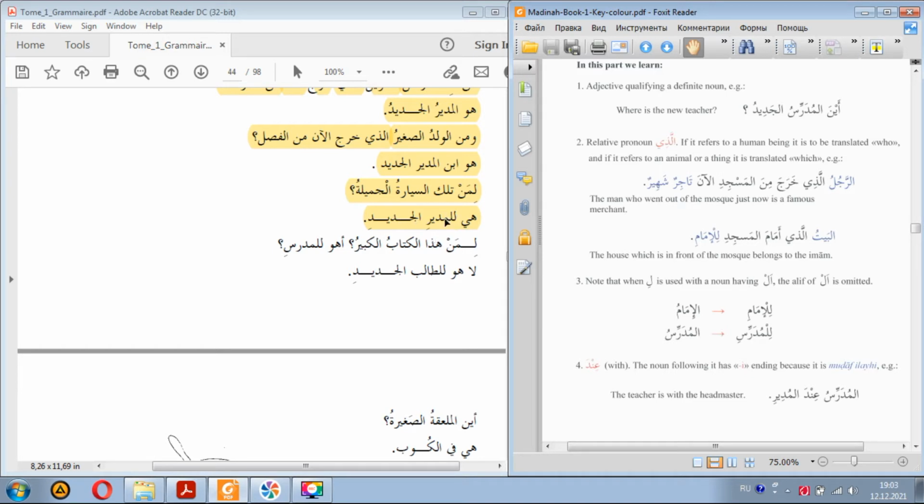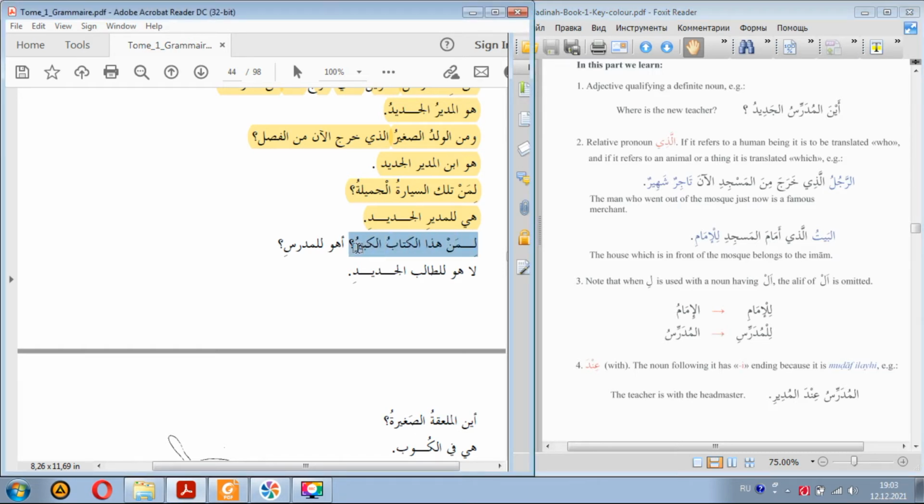لمن هذا الكتاب الكبير. Whom does this big book belong to? أهو للمدرس? Is it for the teacher? لا هو للطالب الجديد.